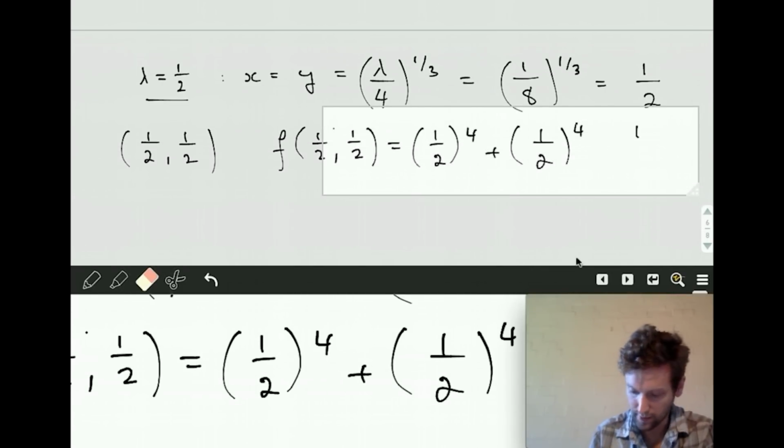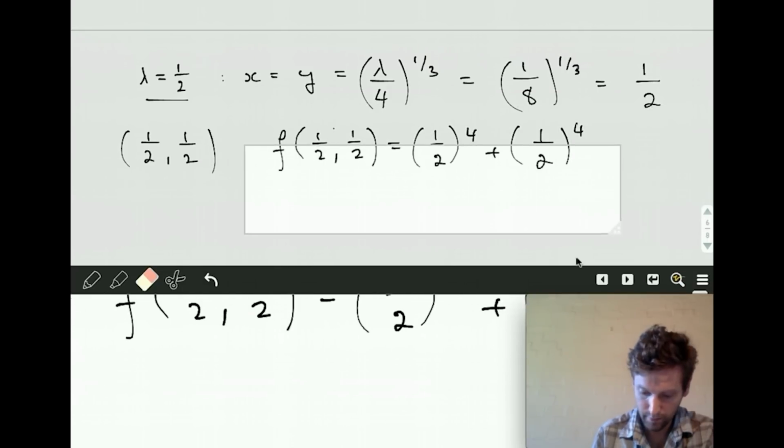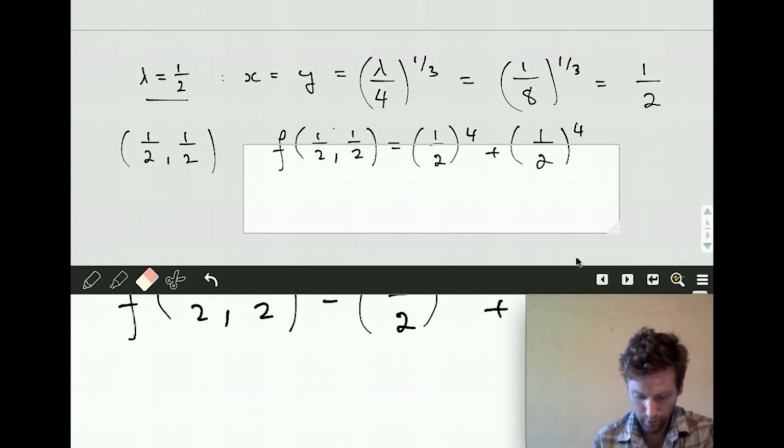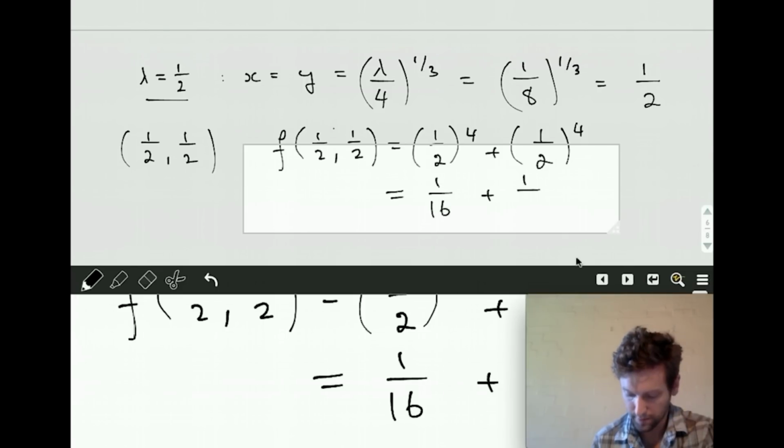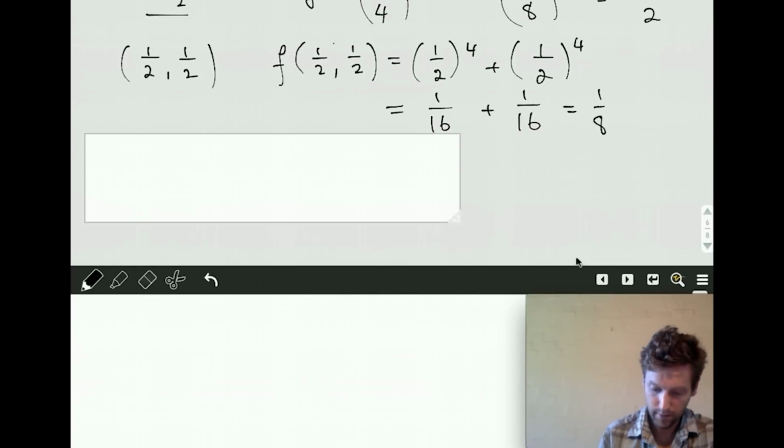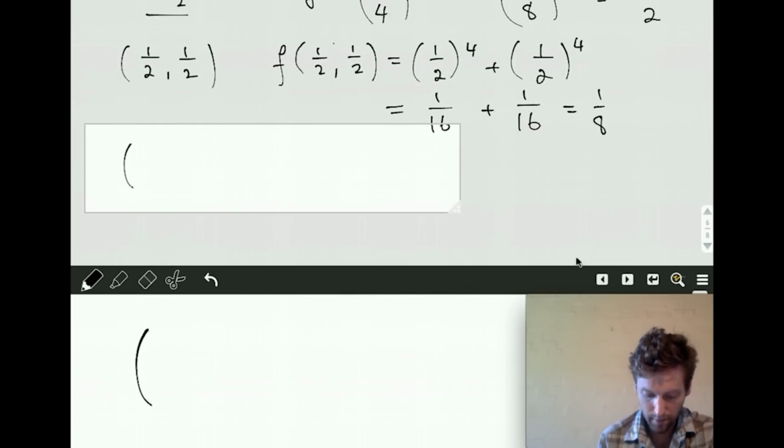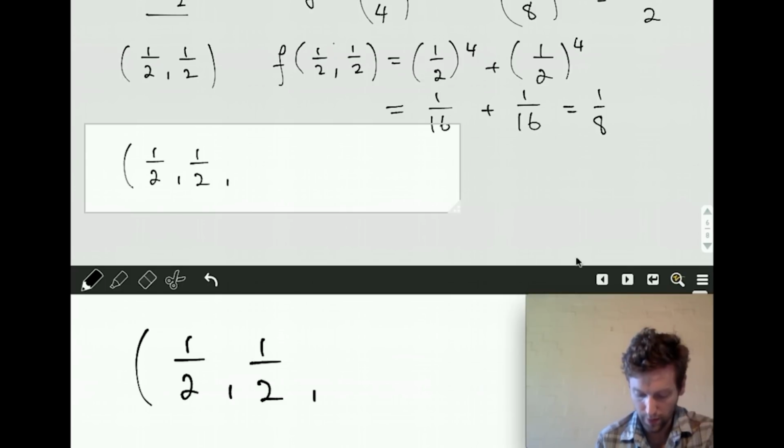Let's move that downstairs. Equals 1 over 16 plus 1 over 16, which is equal to 1/8. So our extreme point, x equals 1/2, y is equal to 1/2, z is equal to 1/8.